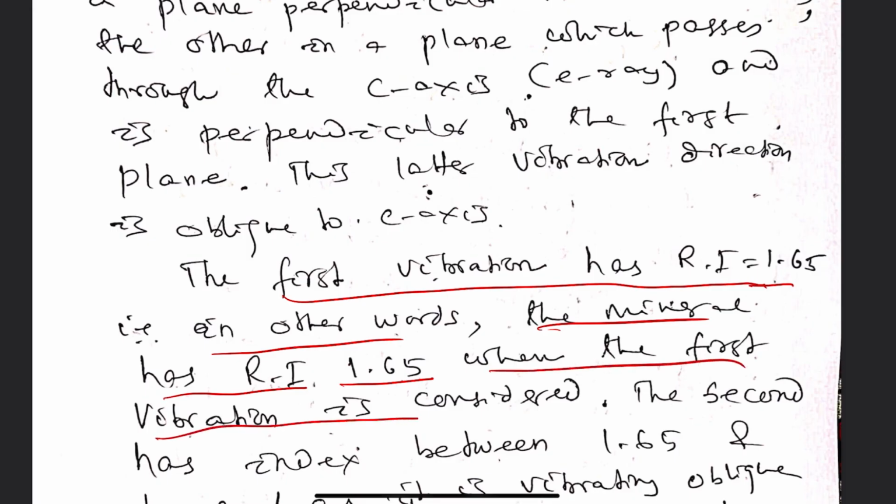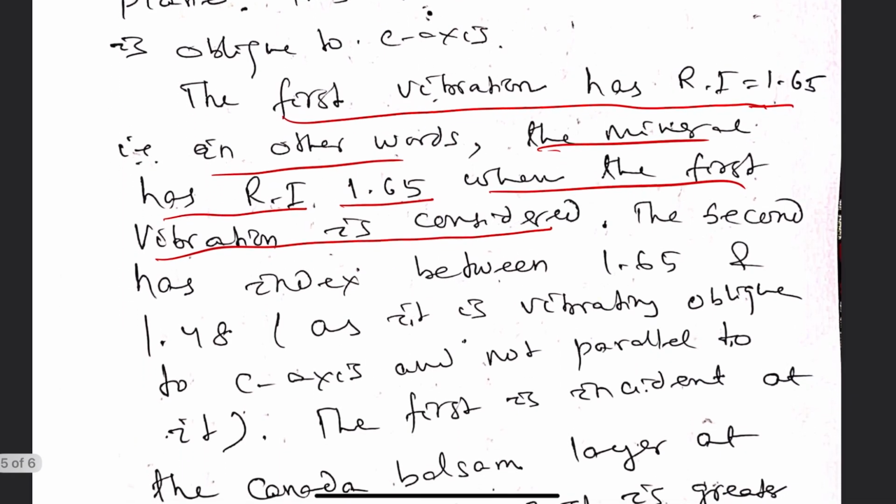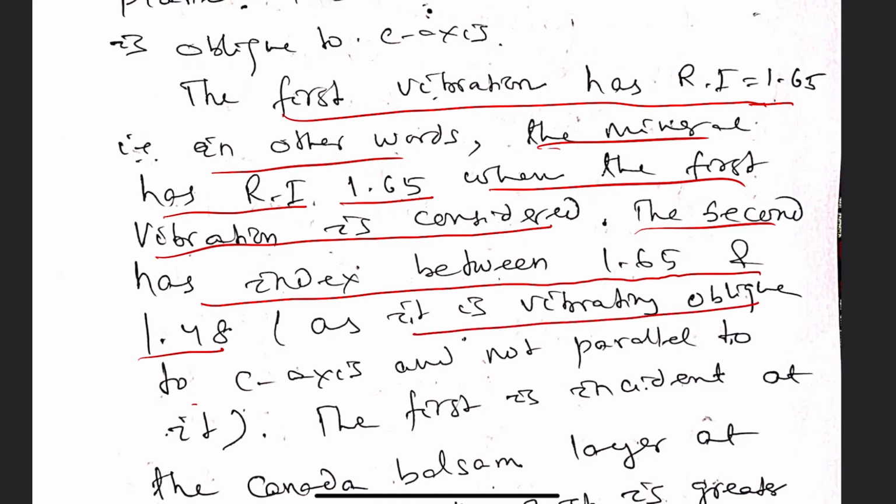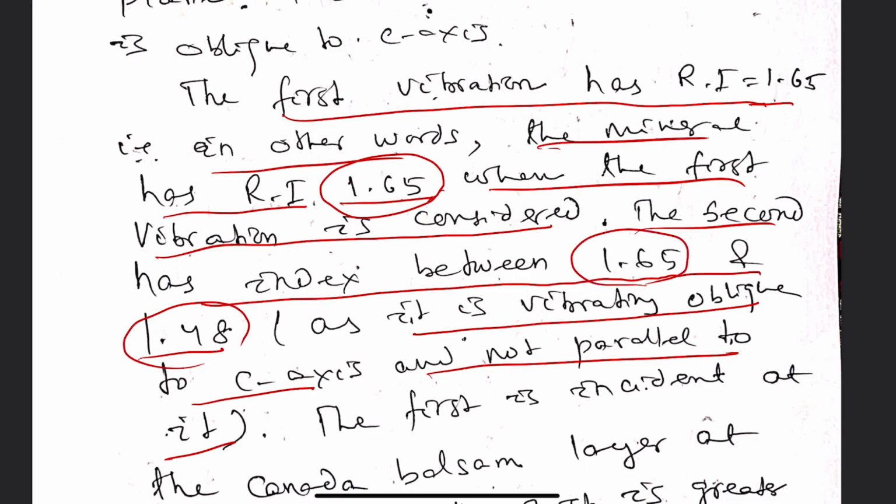The second vibration has an index which lies between 1.65 and 1.48 because it is vibrating oblique to the C axis and not parallel to it. If it were parallel to the C axis, it would have refractive index 1.48. If it is vibrating perpendicular to the C axis, it will have 1.65. As it is oblique, it will have a range from 1.65 to 1.48.